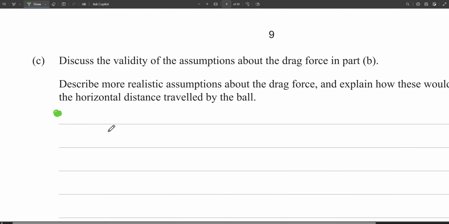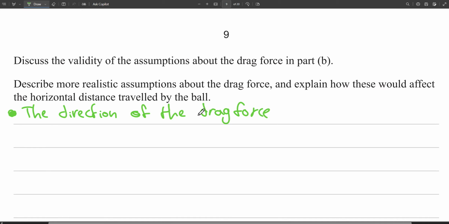So let's make that our first point, which is a realistic assumption: the direction of the drag force.